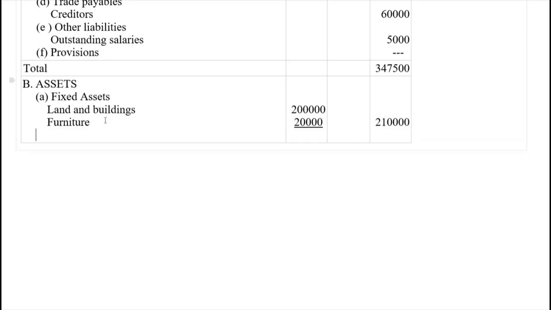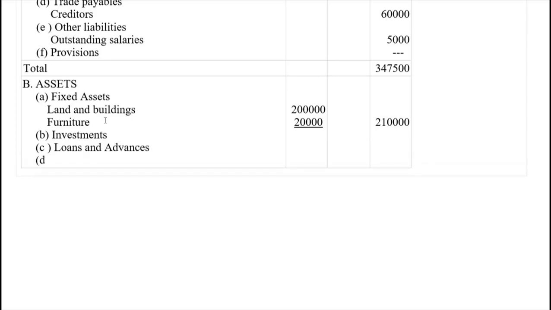Then number 2 here, sorry, B, we have got investments. Of course we don't have any investments in this problem. Then C, we have loans and advances. Of course in this one we don't have any loans and advances here. Then D, we have got inventories.